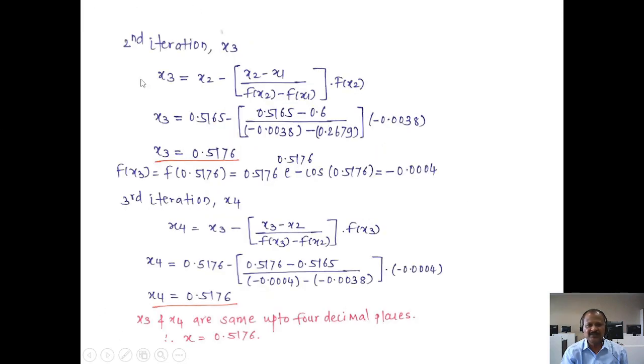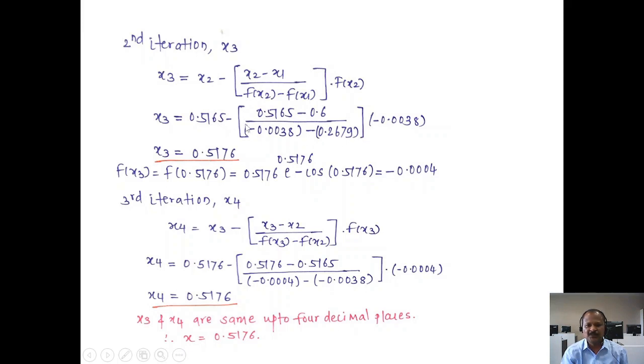Now you have to find the second iteration for x3. So x3 is equal to x2 minus (x2 minus x1) divided by (f of x2 minus f of x1), into f of x2. Again x2 is known and x1 is known; the unknowns are only f of x2 and f of x1. So f of x2 is minus 0.0038 and f of x1 is 0.2679.